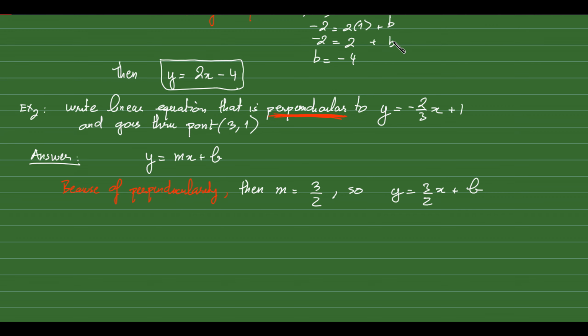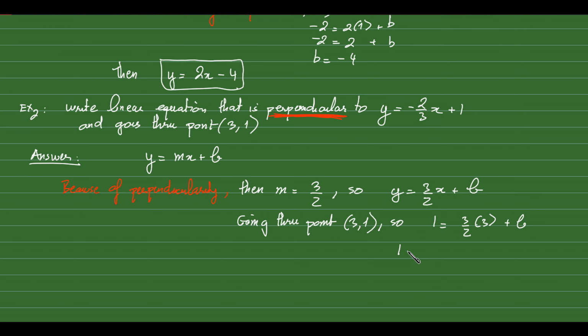Now we want to find b. This b and this b are the same, because sometimes I write b like this, sometimes I write b like this, doesn't matter. Now we want to find b, so we need to replace y and x with this point it is going through, 3, 1, and now we can plug it in. So 1 here, 3 over 2 times x is 3, right, plus b.